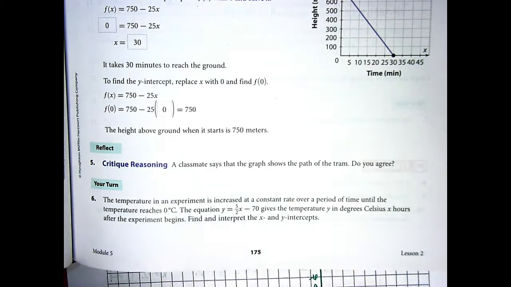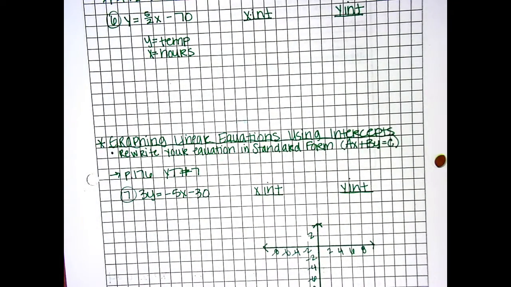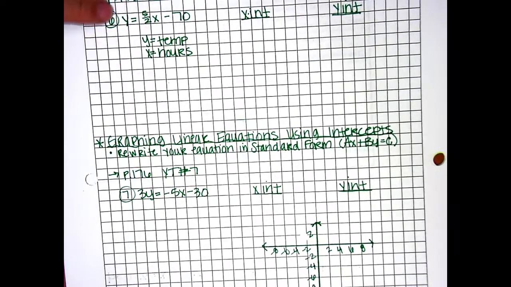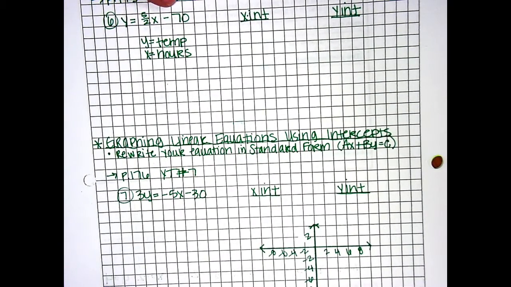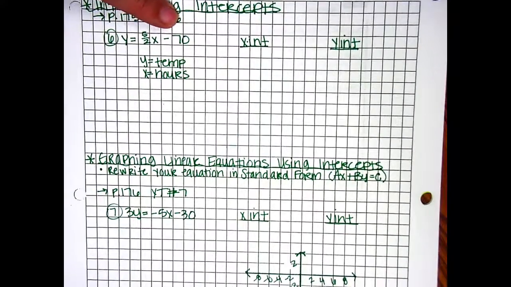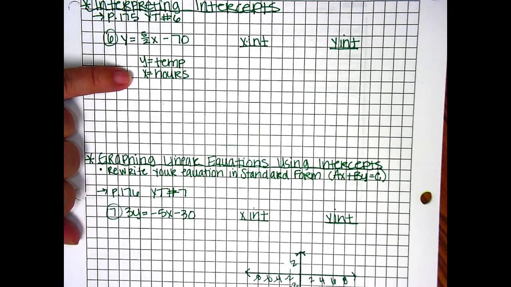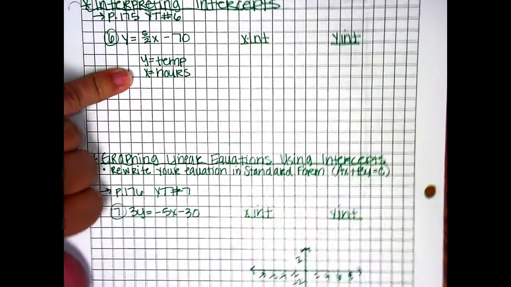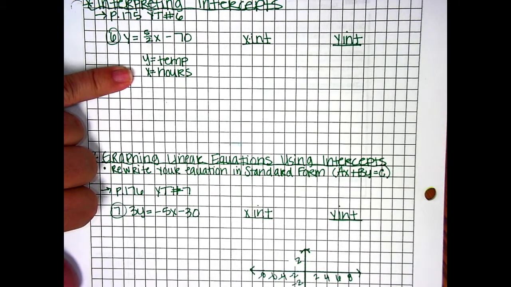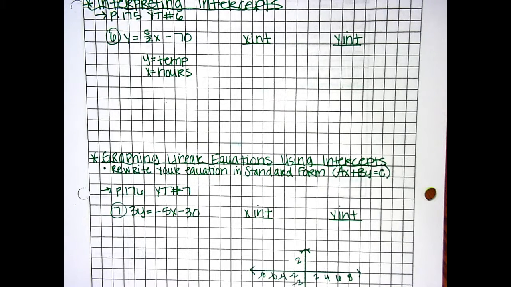Find and interpret the x and y intercepts. So I have the problem written down, y equals 5 halves x minus 70, and I wrote down that y is temperature and x is hours. So we want to get the x and y intercept and tell exactly what those mean.